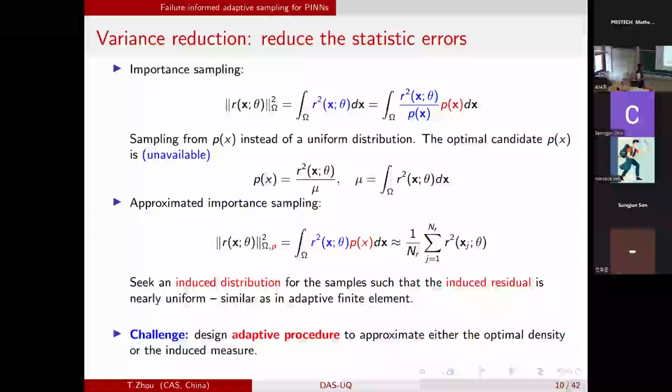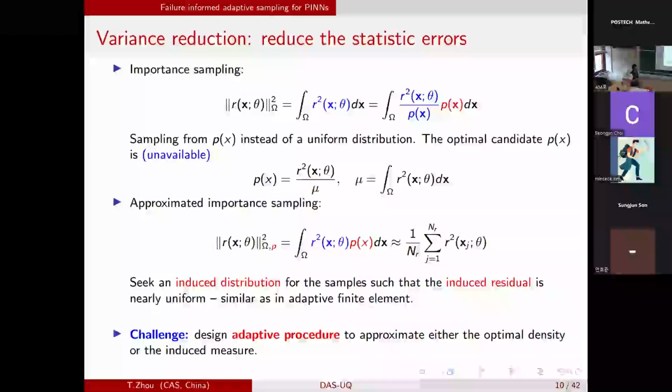Instead of using the optimal way to sample the domain, you can do some kind of approximate importance sampling. The idea is just to choose a density such that the residual is uniformly distributed.